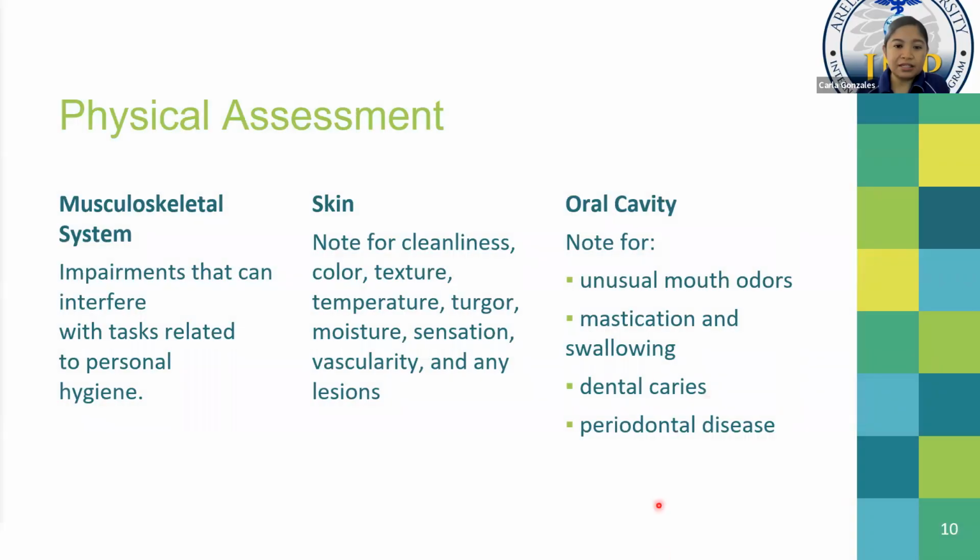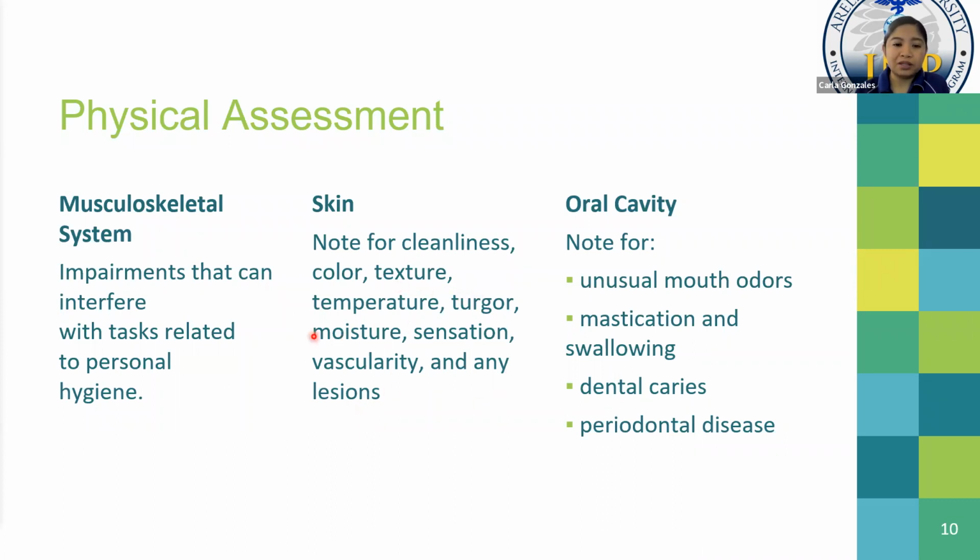Yeah, so for the physical assessment, we also look at the different organ systems. We don't only focus on the skin, but we can also look at the musculoskeletal system. As mentioned, if there is, for example, weakness that could interfere with their ADLs, there may be limitations on movement. Then for the skin, you check for cleanliness, color, texture.